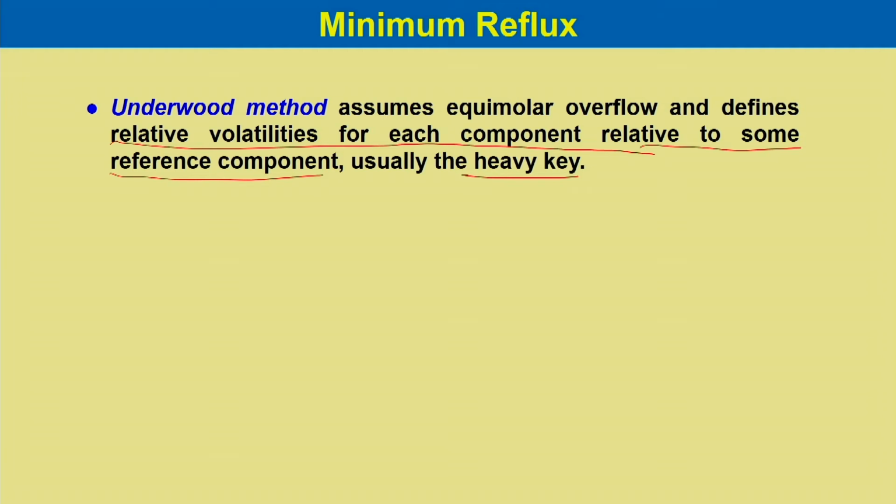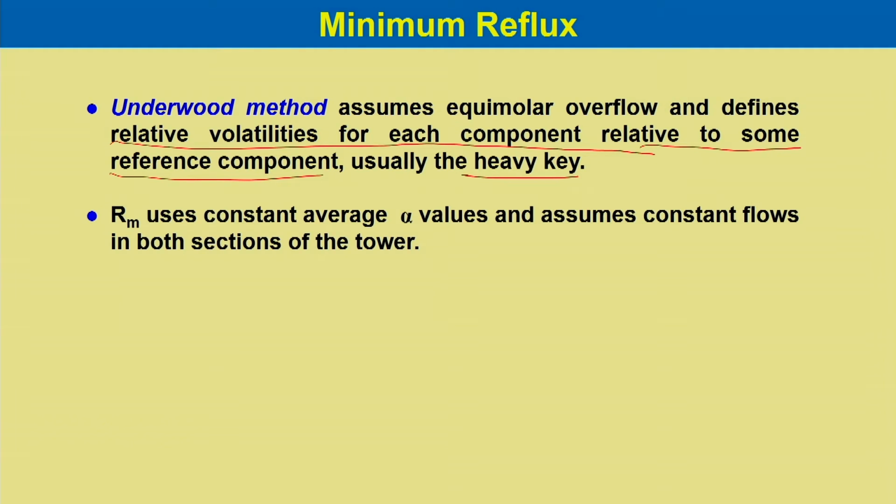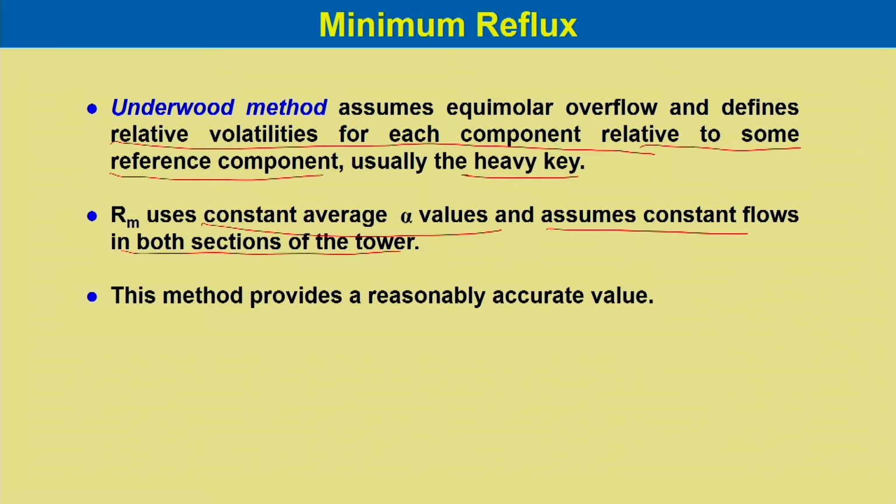Then the relative volatility for each component is defined. It uses constant average alpha values and assumes constant flows in both sections of the tower, both the rectifying as well as the stripping section. This method provides a reasonably accurate value.